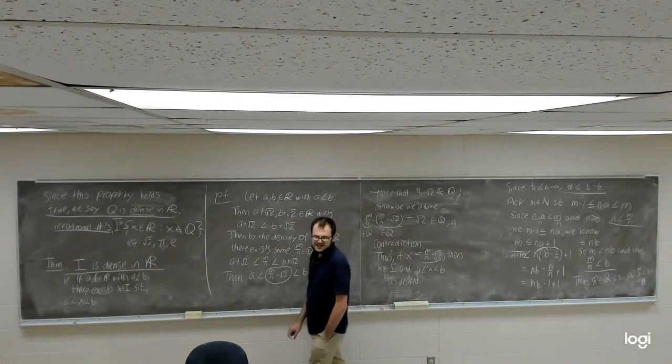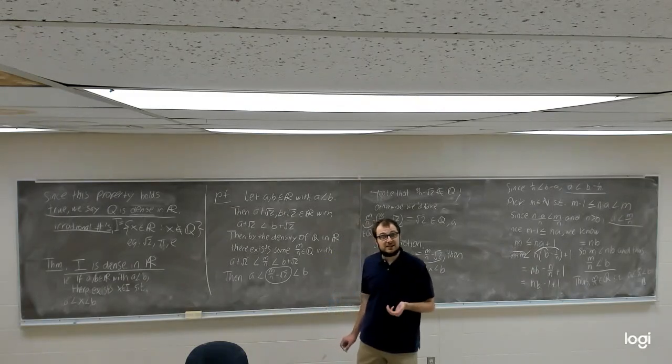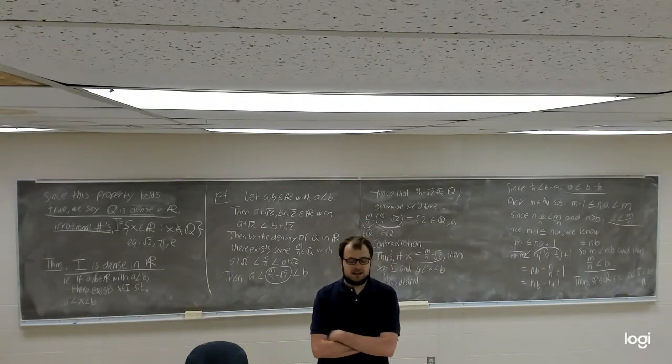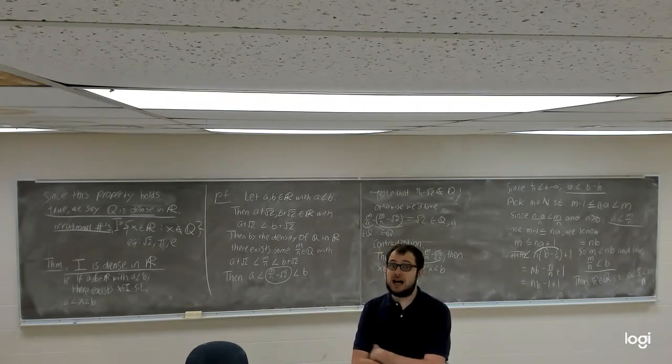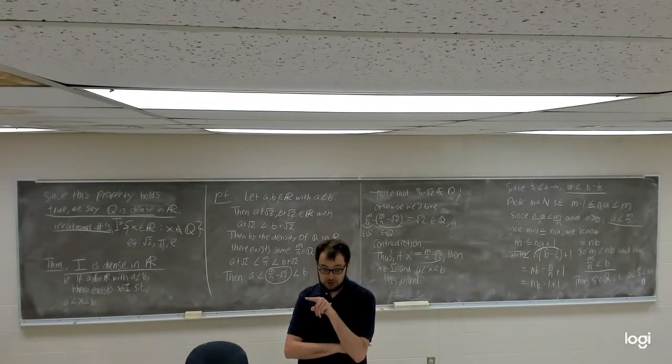So what's that tell us? Well, it's going to tell us something interesting. Give me any two real numbers. It doesn't matter how close they are to each other, say like pi and pi plus 1 over a billion again. I should not only be able to find a rational number between those two real numbers, I should also be able to find an irrational number.